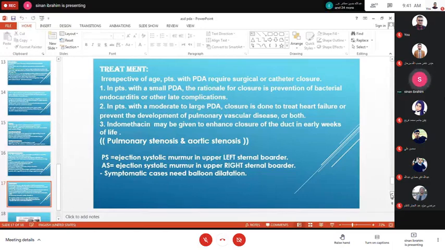If it is asymptomatic, usually we do just a follow-up, while in a symptomatic patient we do a balloon dilatation for them.